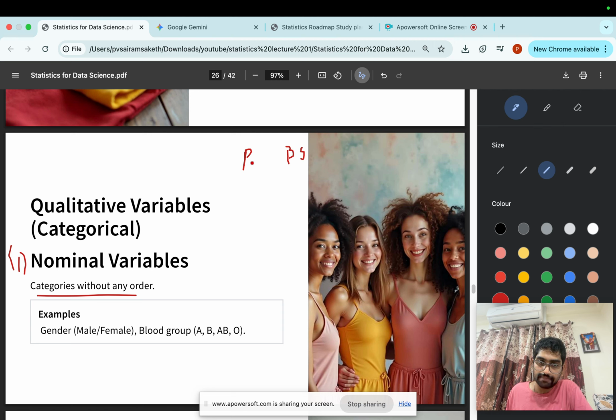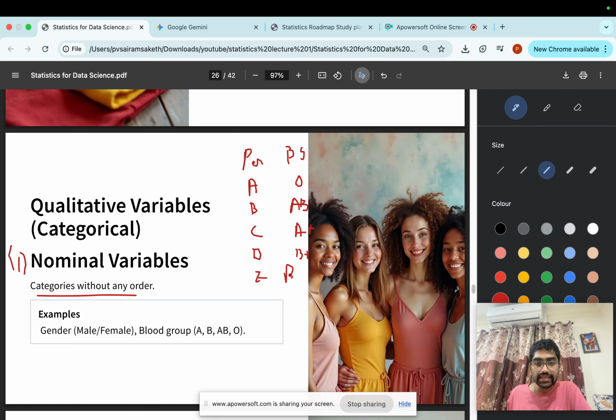Let's say person A has blood group O, person B has blood group AB, person C has blood group A, person D has, let's say, B positive, and person C again has AB.